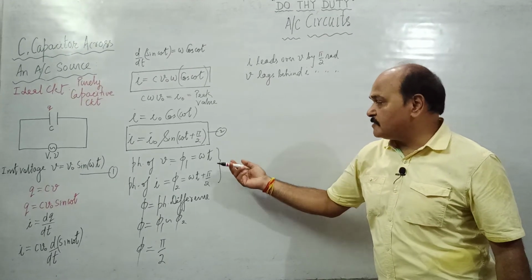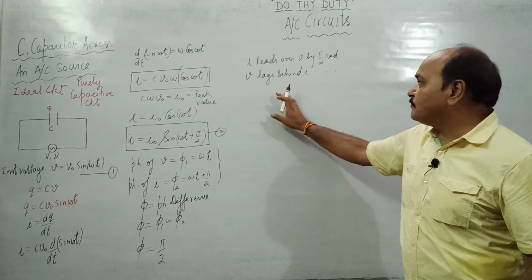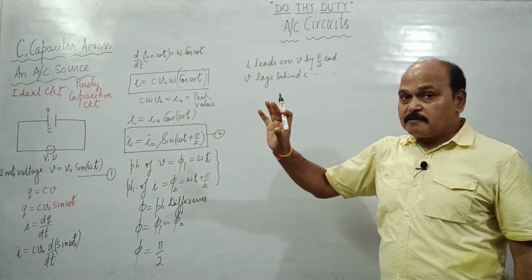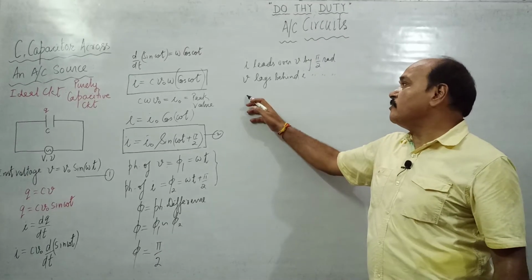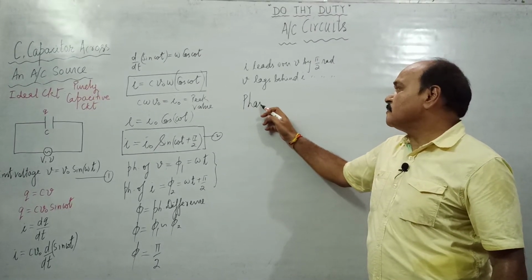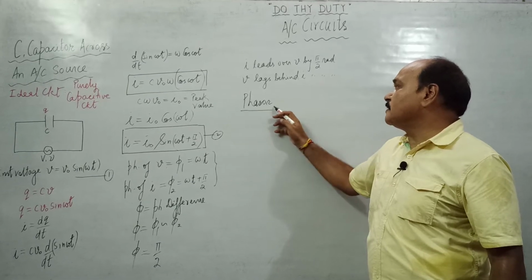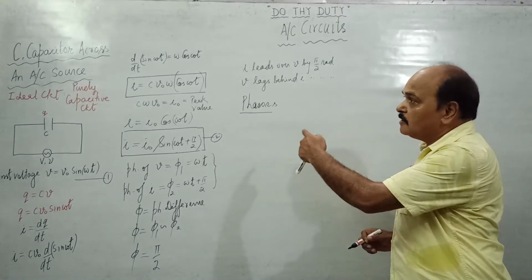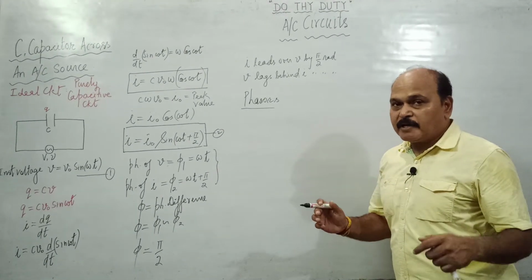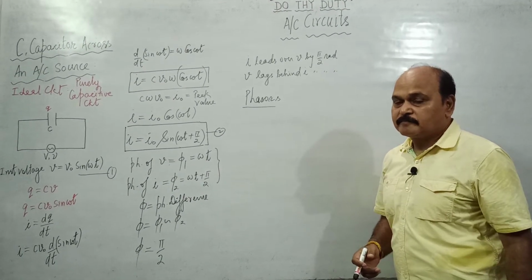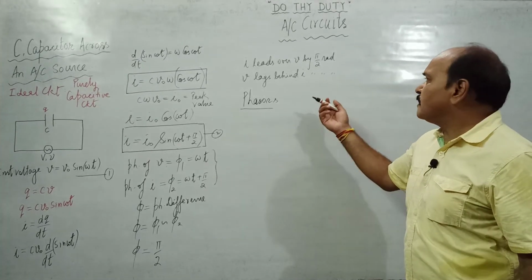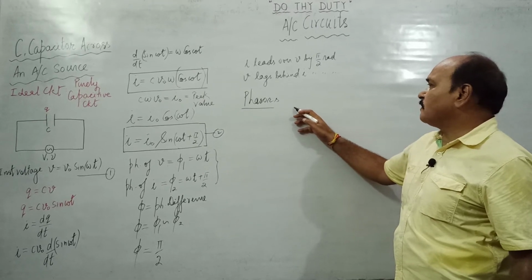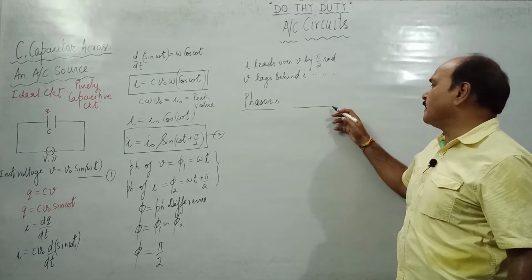There is a phase difference of pi by 2, and we need to know this phase relationship between voltage and current because we are going to draw phasors for current and voltage, as we have done in the case of the resistive circuit. In the same way, in the case of the capacitive circuit, we are again going to make phasors. Now suppose we make one of the two phasors along, say, the initial line. Say we make I.